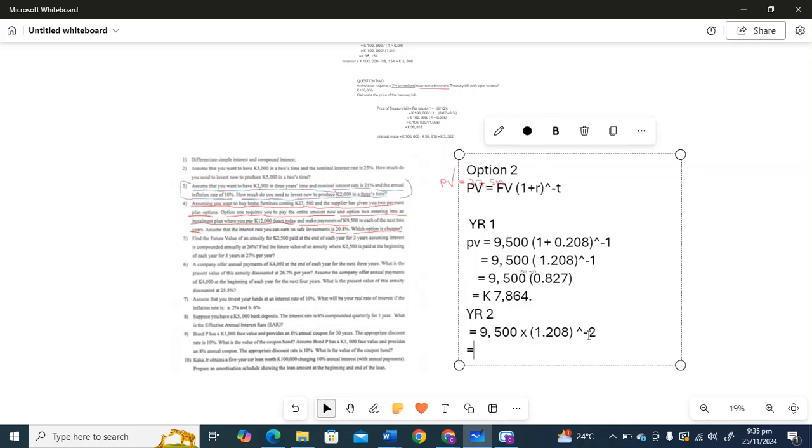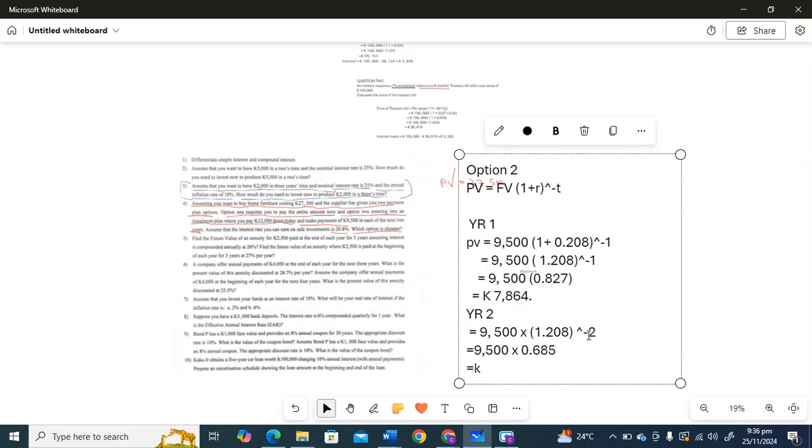1.208 to the power negative 2 gives 0.685. 0.685 multiplied by 9,500 is 6,510.